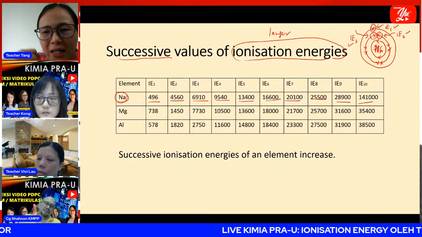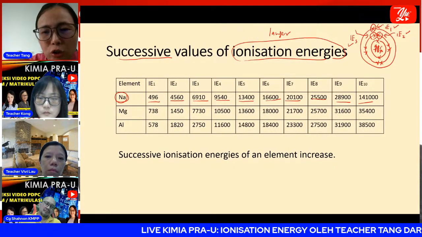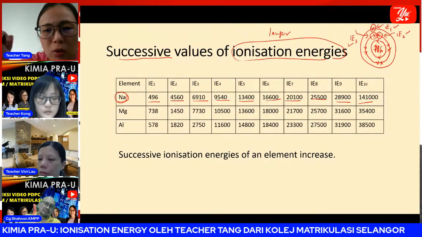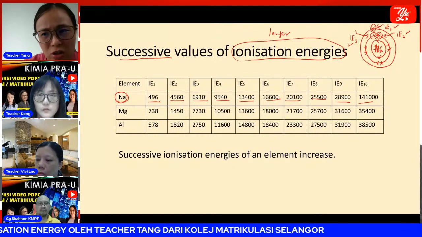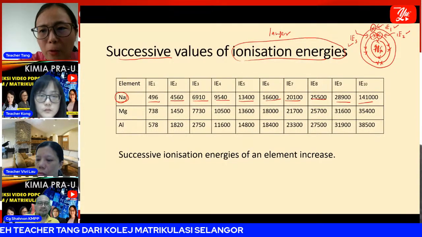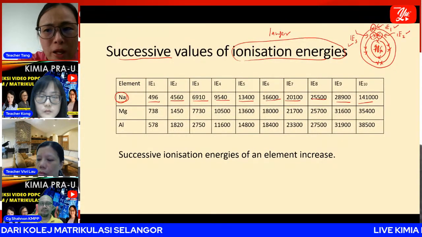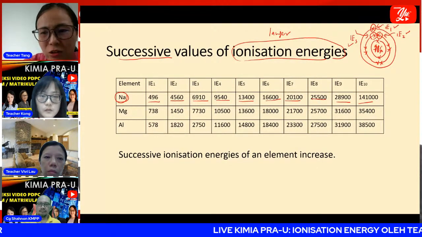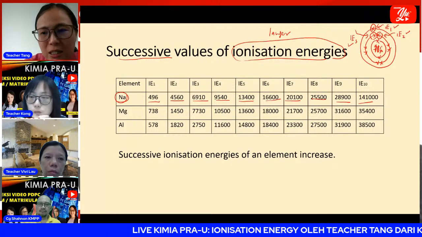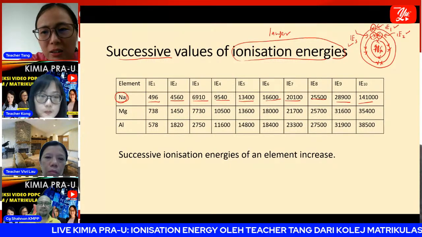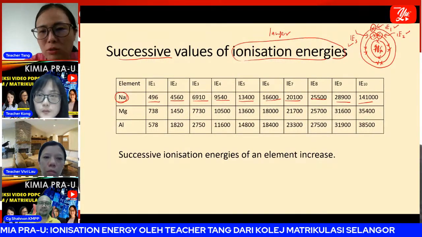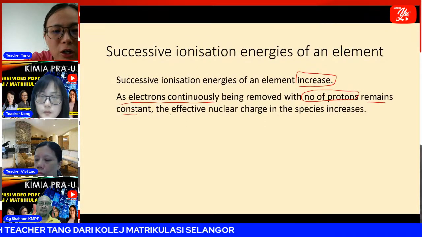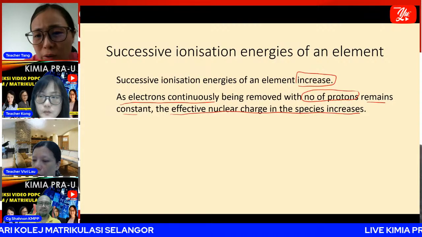No matter how many electrons of the sodium are removed, the nucleus will always have 11 protons. Even though the number of electrons around it keeps decreasing, the proton number inside the sodium remains constant.